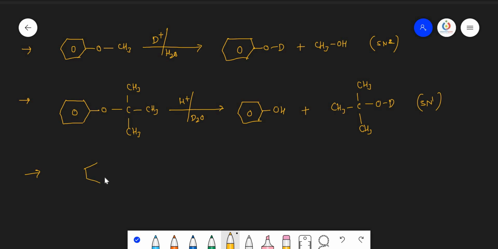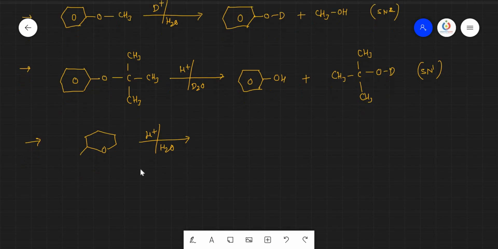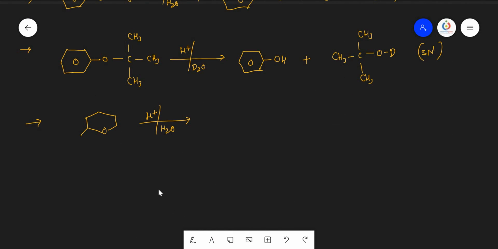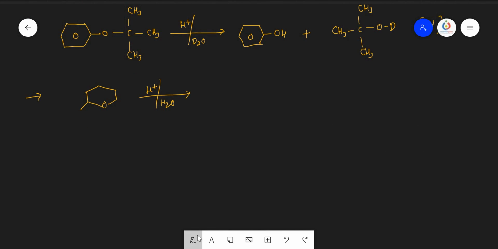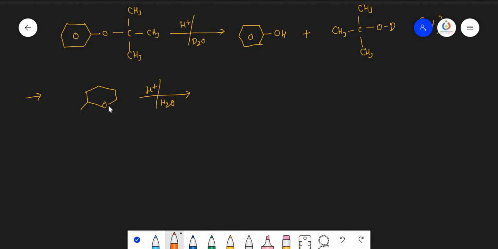And now H plus H2O. What type of mechanism does it follow? Everybody knows that it gives simply alcohol. What I am asking is what type of mechanism, whether it follows SN1 or SN2. Just look at the carbon connected to the oxygen.